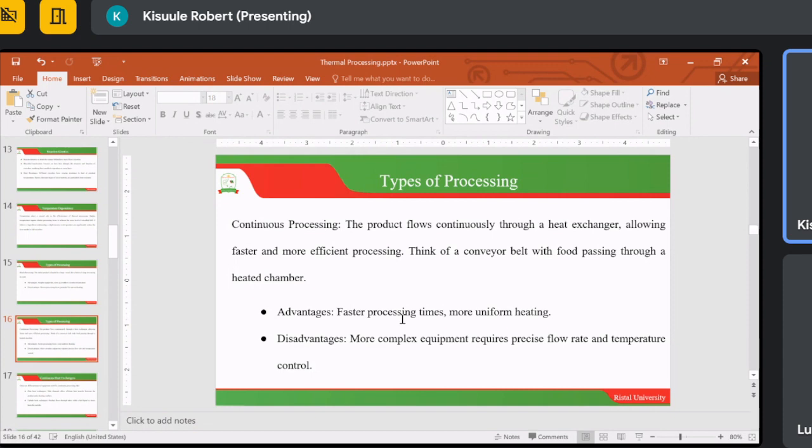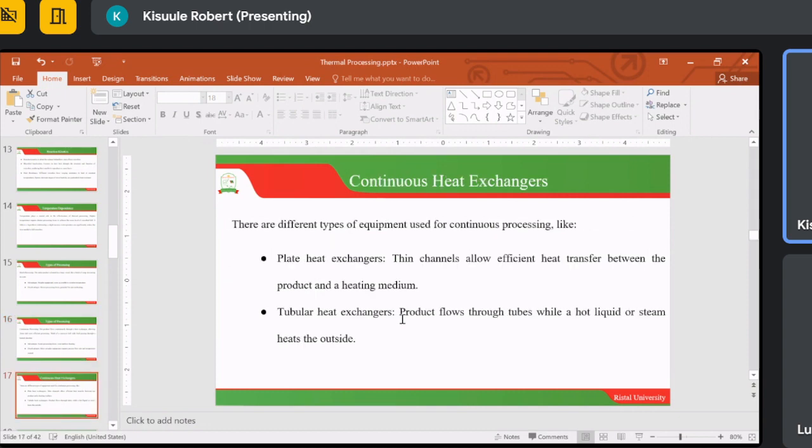One of the advantages is faster processing time and more uniform heating. But the disadvantage of this continuous heating process is more complex equipment, which requires precise flow rate and temperature control. You should have thermostats and all those things that manage heat exchange and heat transfer.